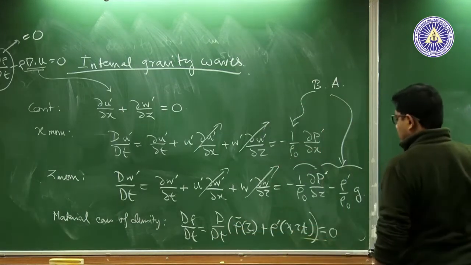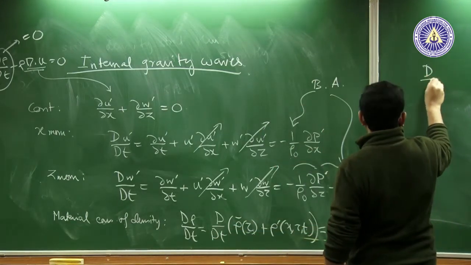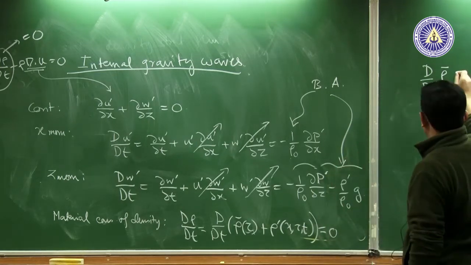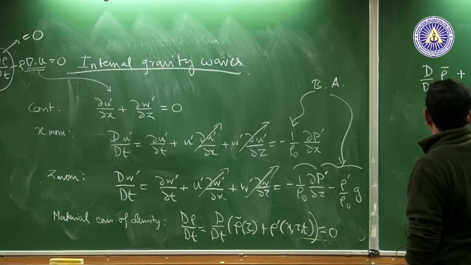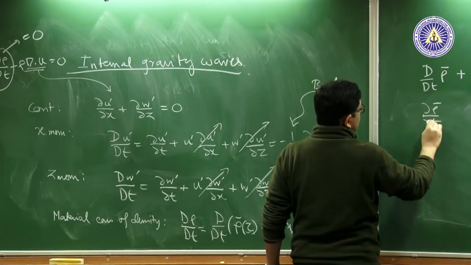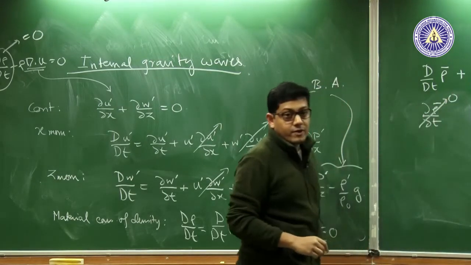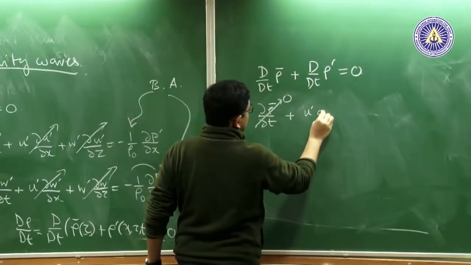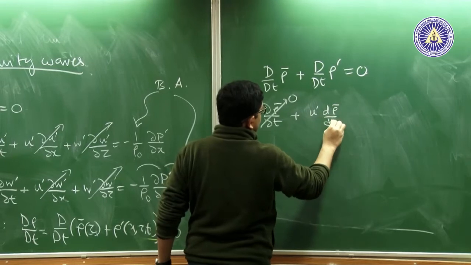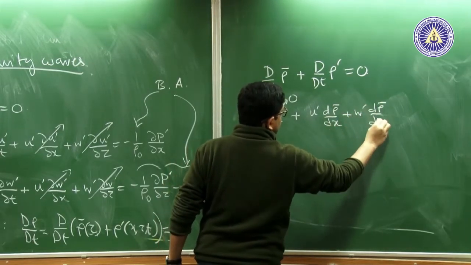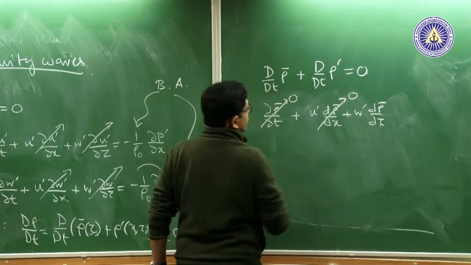What about this equation? It gives you d/dt of rho bar plus d/dt of rho prime. Now, d/dt of rho bar is what? Del rho bar del t, which is 0 because rho bar is a function of z, plus u d rho bar dx, which is 0, plus w d rho bar dz, which survives.